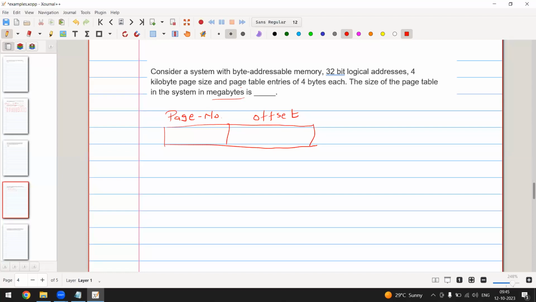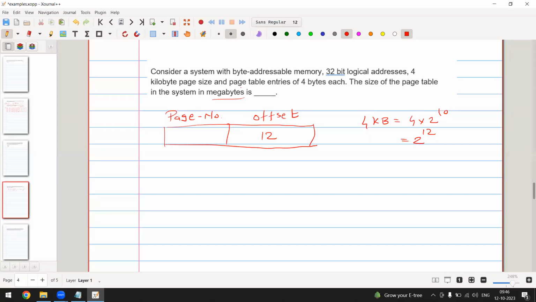Here a 32-bit address is given and the page size is 4 KB. So what is 4 KB? It is 4 into 2 raised to 10, that is 2 raised to 12. Because page size is 2 raised to 12, 12 bits are used for offset, and the remaining bits are used for the page number.